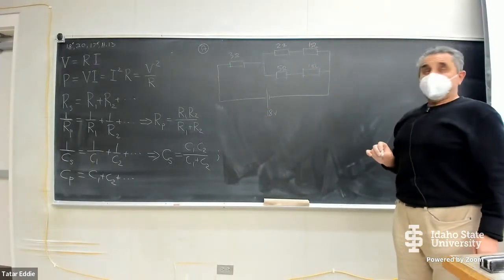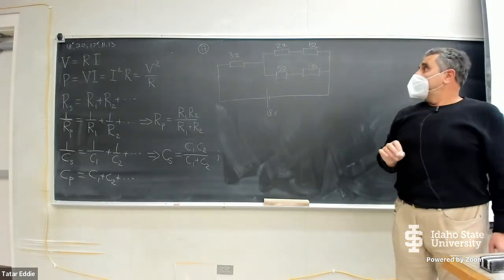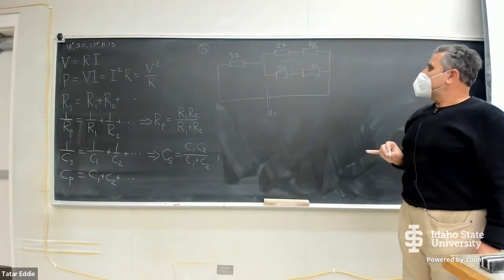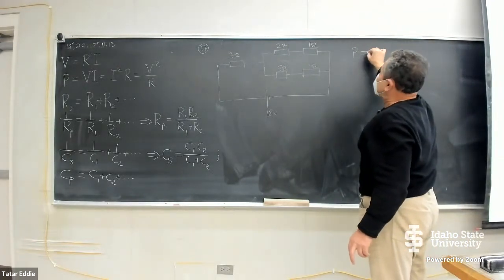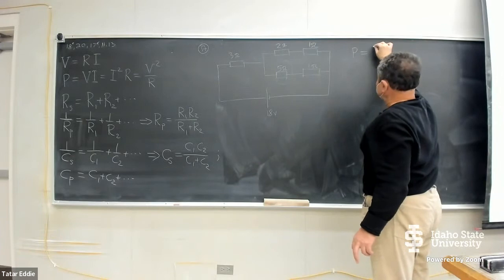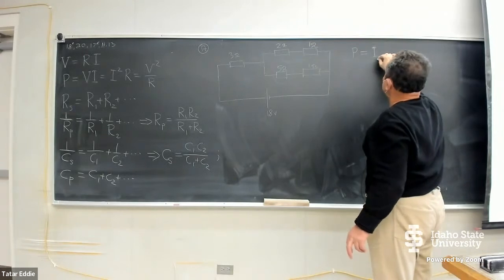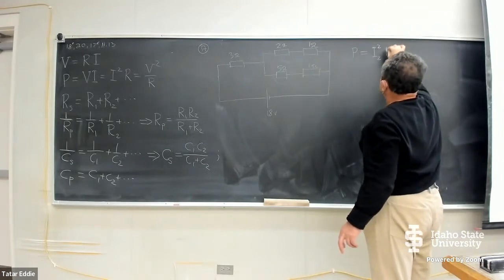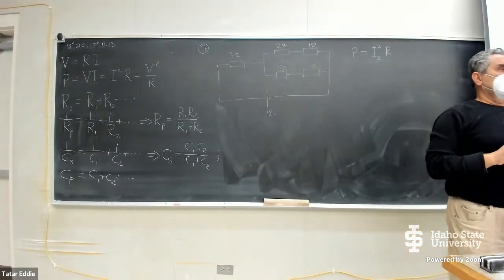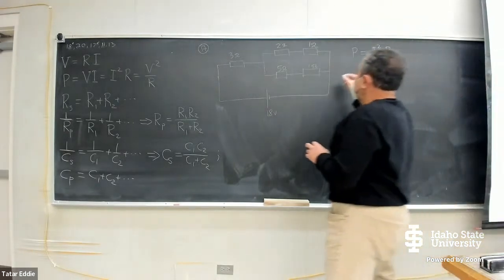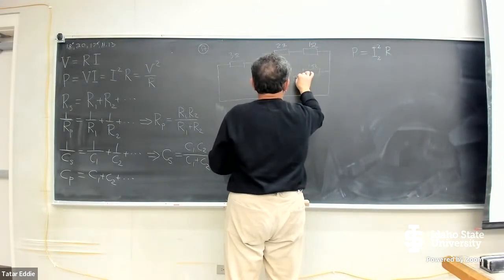And look, to figure out the power, probably the best thing would be to say that the power supplied to the 5 ohm resistor is equal to the current that flows through that resistor, and I'll call this current I2, squared, multiplied by the value of that resistance. This probably is the easiest way. So this means that I'm calling the current that flows in this branch of the circuit I2.